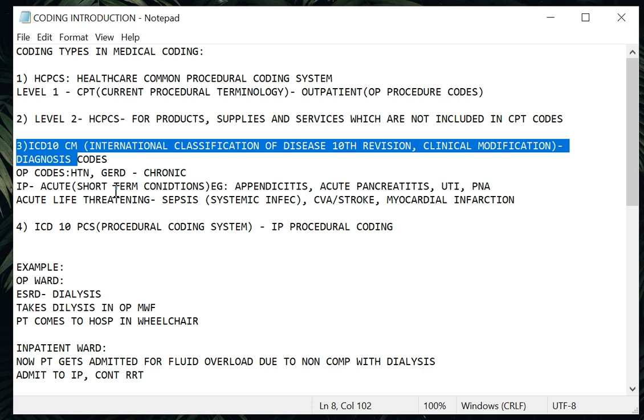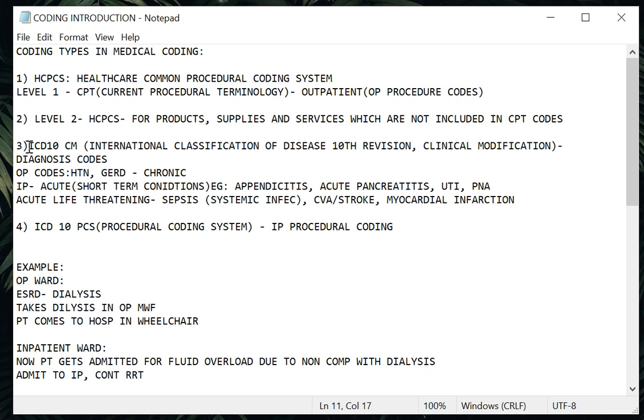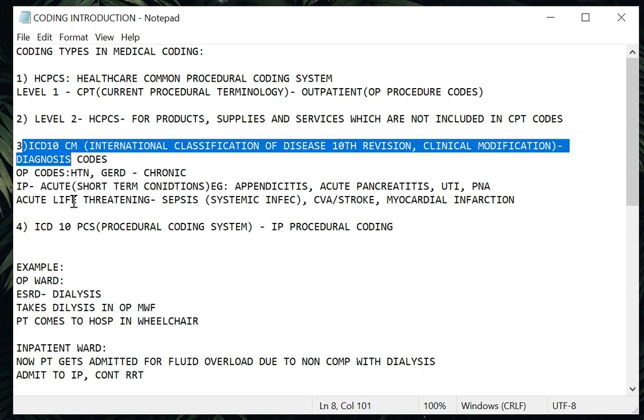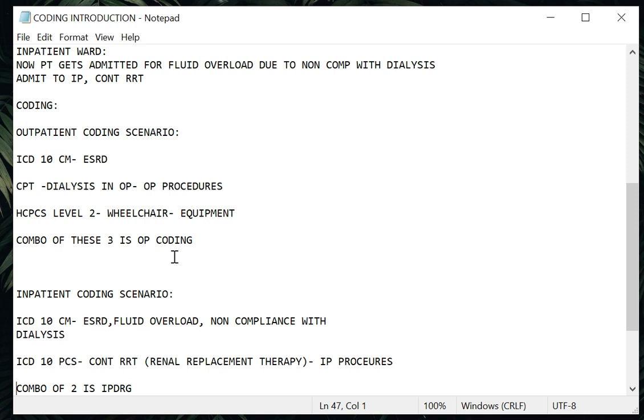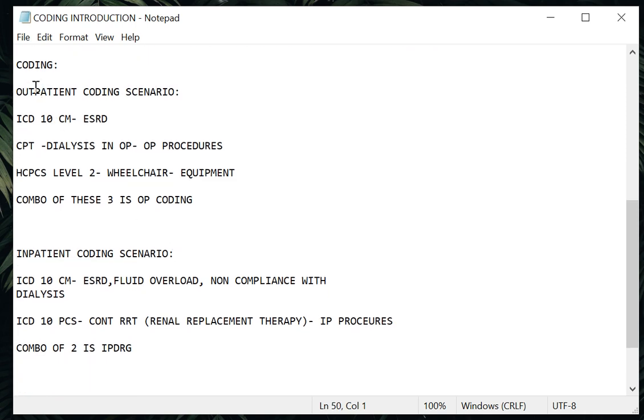Whereas when it comes to IP, we go with ICD-10-CM and also ICD-10-PCS. So the combo of 3 is what we call OP coding. The combo of 2 is what we call IP coding. This is the exact scenario we are going to work in. If you are interested in OP, you should be okay with all these types of coding. If you are interested in IP, you should be okay with ICD-10-CM and ICD-10-PCS.